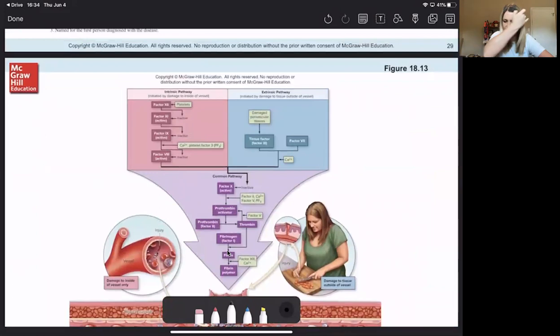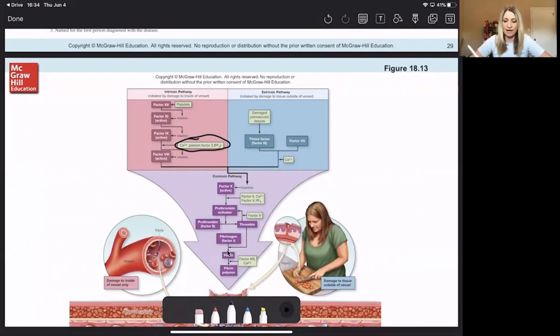So we're right here, okay? So I was talking about that platelet factor 3, so it would be right here. That platelet factor 3 is then going to result in activation of factor 8, as we see here. And this factor 8 is inactive at this point, okay? But that's what we end up with in the intrinsic pathway.